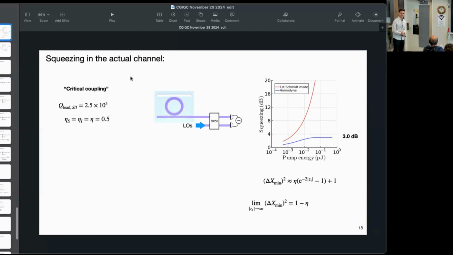My other question is, the material you assumed is indium gallium phosphide, right? Right. So you're assuming it's lossless, but in reality is it lossless or is the loss high? The intrinsic loss, I mean, for the ring or for the waveguide. Because when you want to measure it, there's the loss that is inside the waveguide or inside the ring.